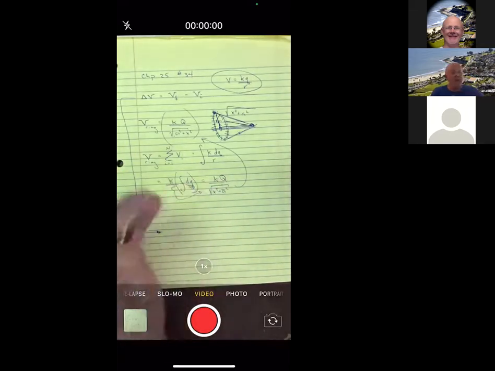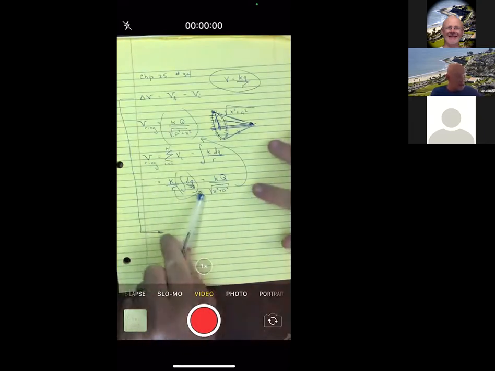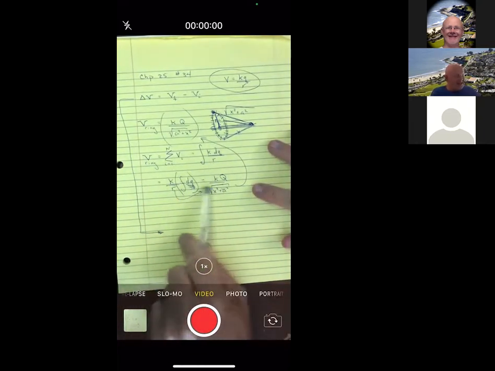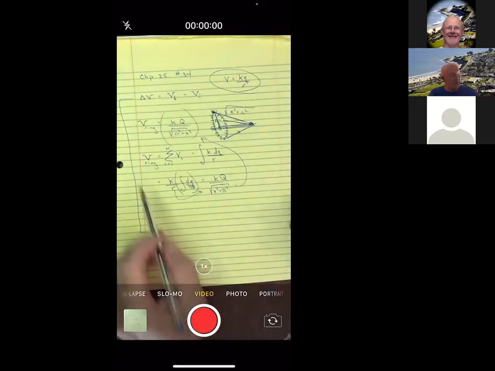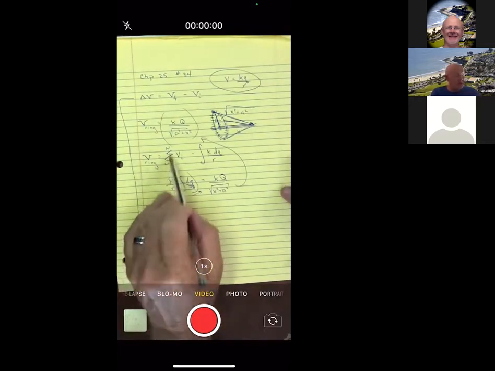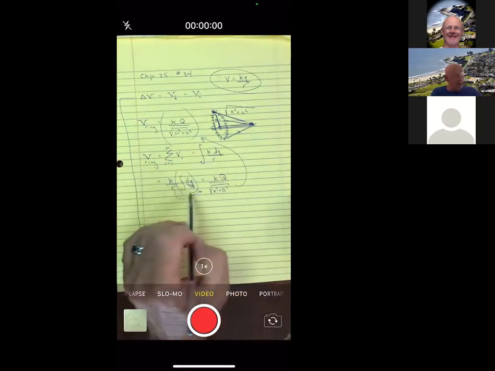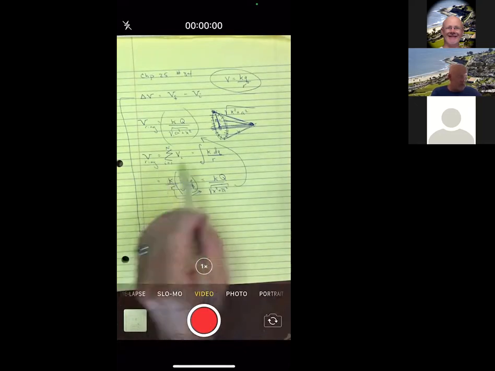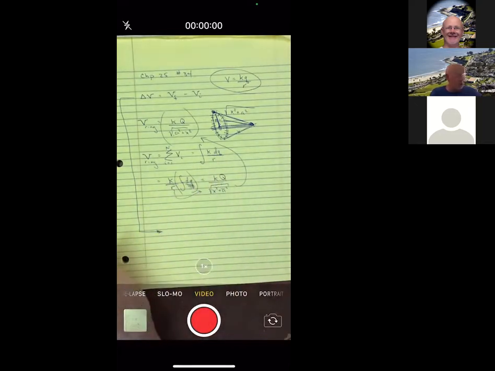But I thought I would take a few moments, because I think we have the time, to show you again the ideas behind adding up a bunch of points and getting the potential from a ring. So I'll say it again. I got the potential from a ring by adding up a bunch of points. It was an infinite number, so I turned it into an integral. And fortunately, this integral was an easy one because r didn't change. And then the integral of dq is just the total charge.